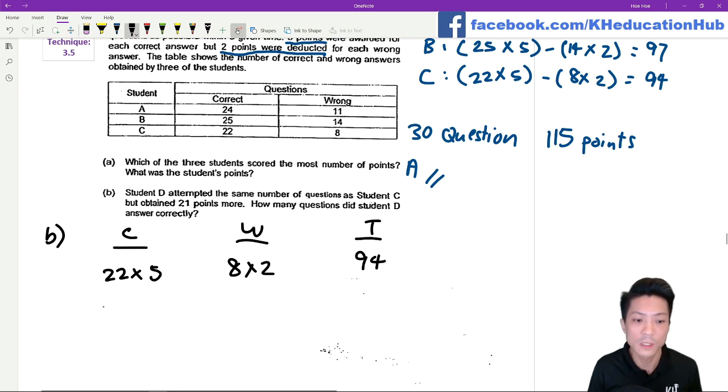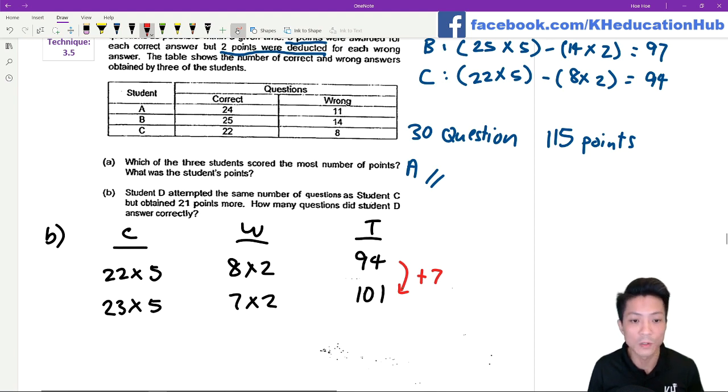Now I'm going to increase the correct by 1. 23 times 5, and the wrong will become 7 times 2. This will give me 101. And remember, the thing that we're interested in is every time I increase the correct question by 1, I will plus 7 to the points.